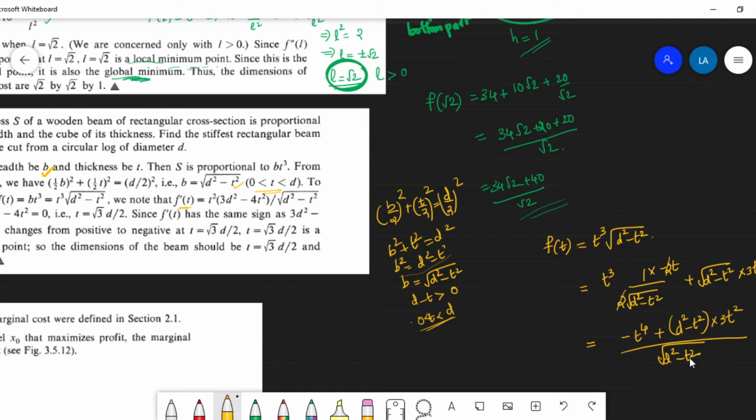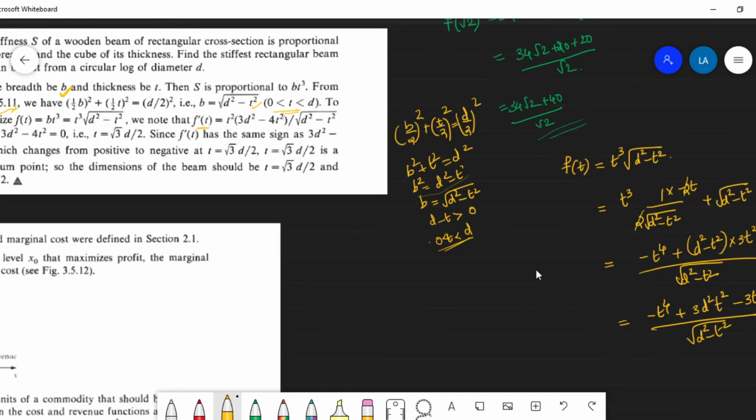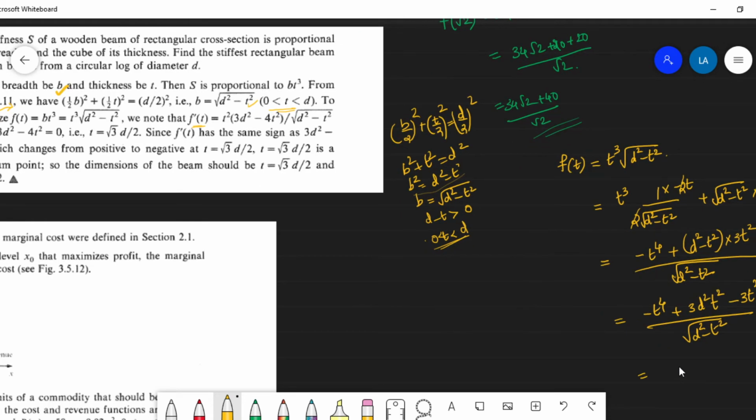And then when you simplify, you get minus t power 4 plus 3d square t square minus 3t power 4 divided by root of d square minus t square. And then when you again simplify, you get that to be equal to 3d square t square minus 4t raised to 4 divided by root of d square minus t square. So that is written here. See, you have taken a t square out, right?